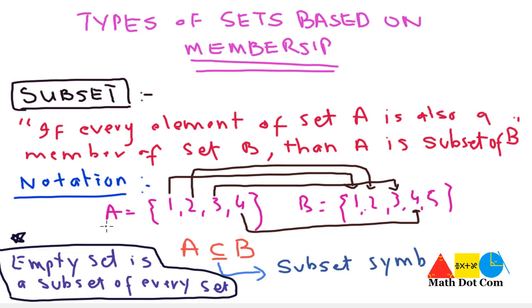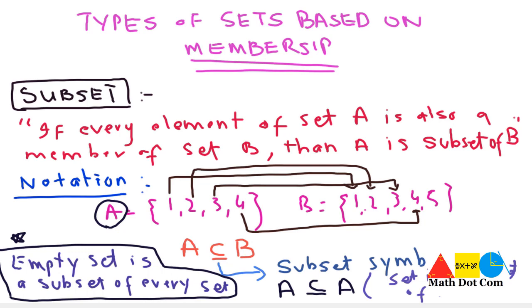Here we can say that the set A is a subset of A also. It means a set is a subset of itself also. So these are the two concepts that you must keep in your mind: the empty set is a subset of every set, and a set is a subset of itself also, like here that A is a subset of A. So this was the concept of subset.